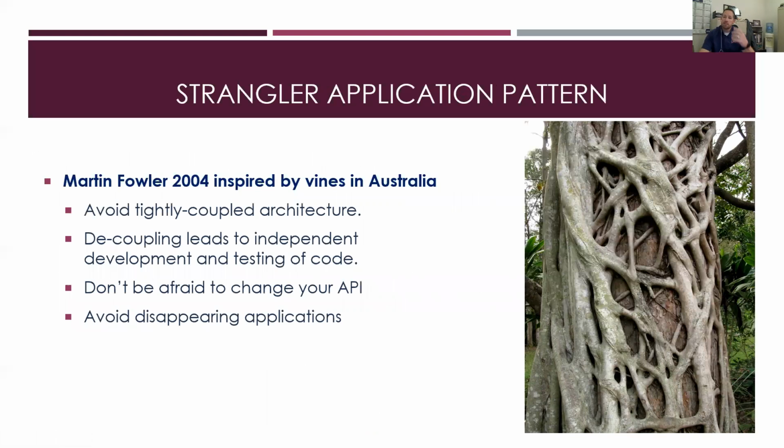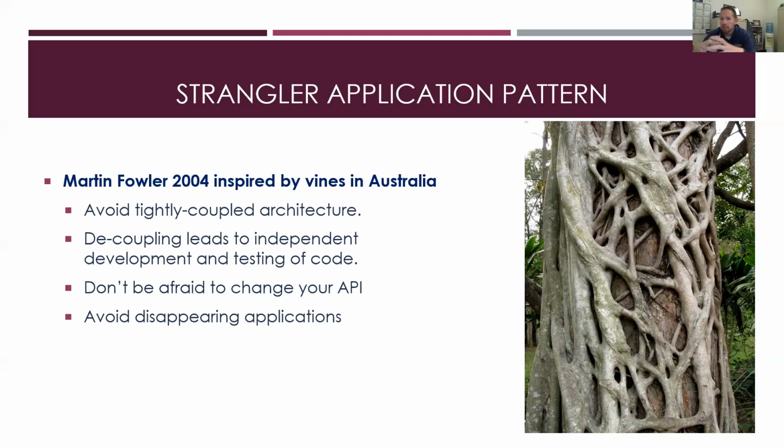So as you can see from the picture, basically what you would think of is that this first part is your first architecture, your first structure, that monolithic one that you built. And it became so entangled, so interdependent on everything else that it couldn't grow anymore. And so with these strangler vines in Australia, what happens is they start from the outside and they work their way down until they hit the ground and they grow roots.